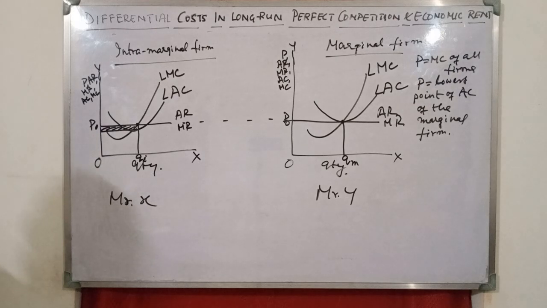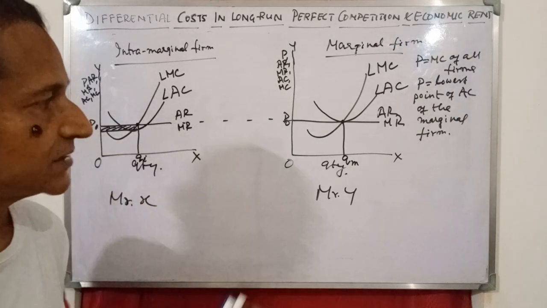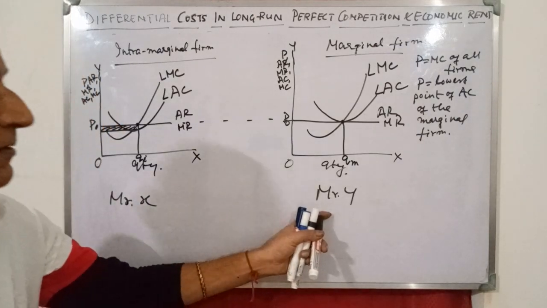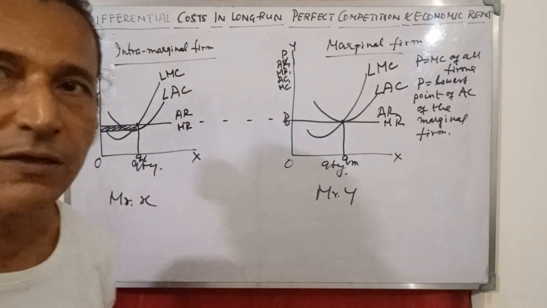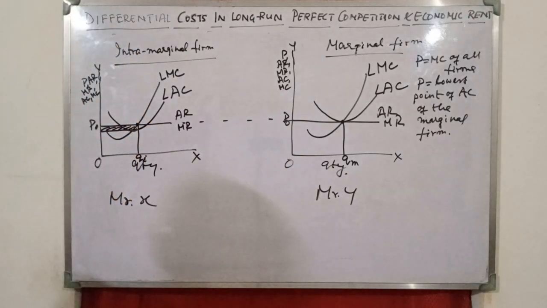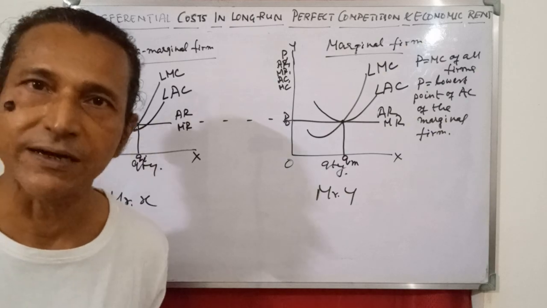Now Mr. X is running the business in such a way that the firm is earning supernormal profit, and Mr. Y is not able to run the business as successfully as Mr. X, so that the marginal firm is earning only normal profit. Now the intramarginal firm can earn supernormal profit not only because of efficiency of the management, but due to many other factors as well.